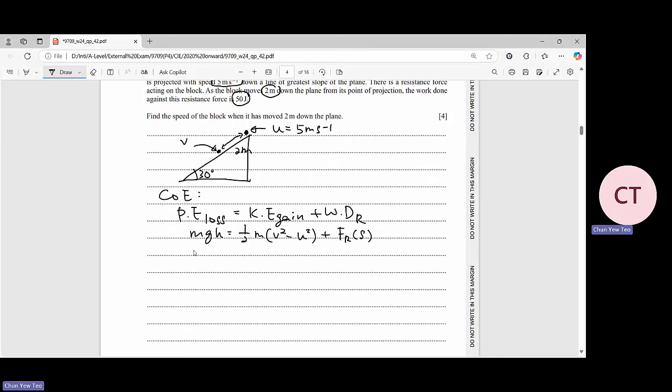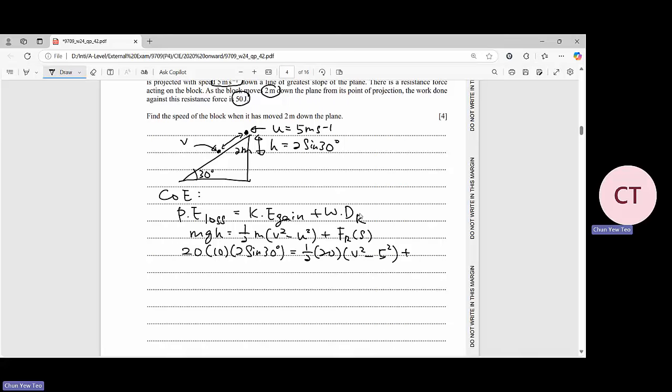Okay, so what is my m? m is 20 kg. The g is 10, and the height over here is this height, which is actually 2 sine 30 degree. So we write 20 times 10 times 2 sine 30 degree equals half m of v square, which we do not know, minus u square, where u is 5.